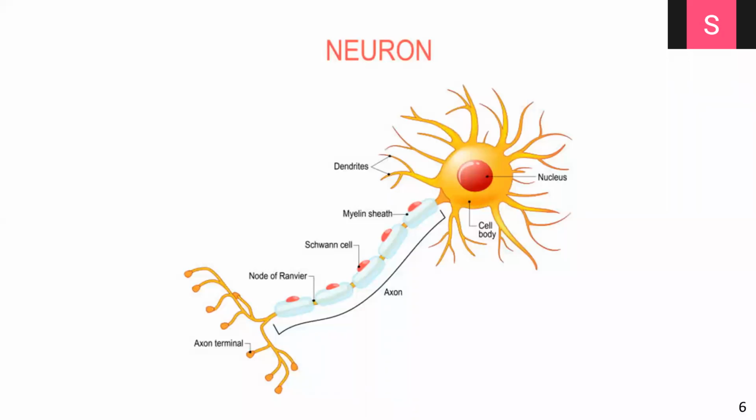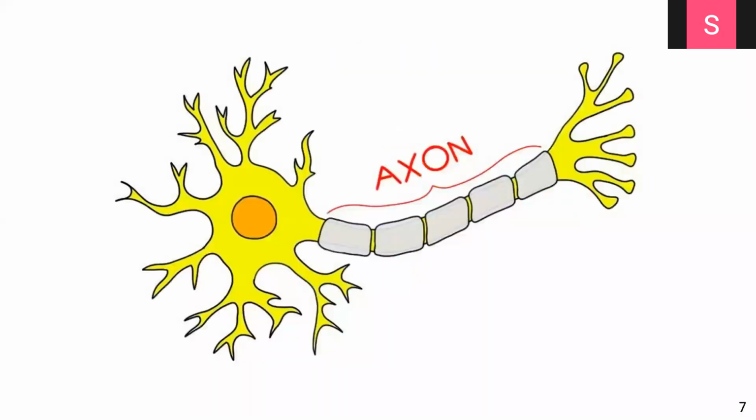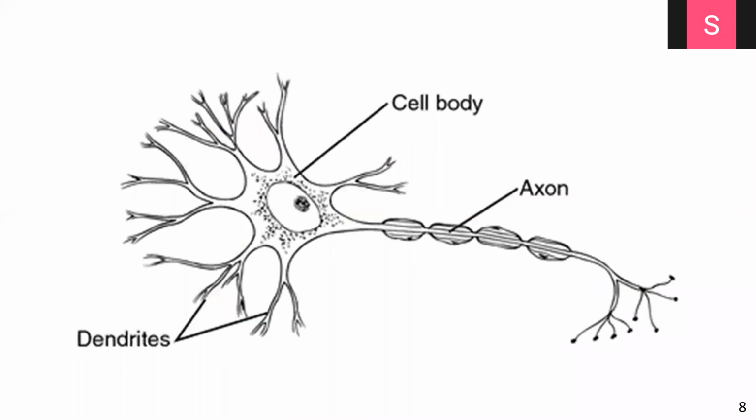The basic unit of the nervous system is a nerve cell called a neuron. A nerve cell consists of a large cell body and 2 types of nerve fibers: the axon and dendrites.